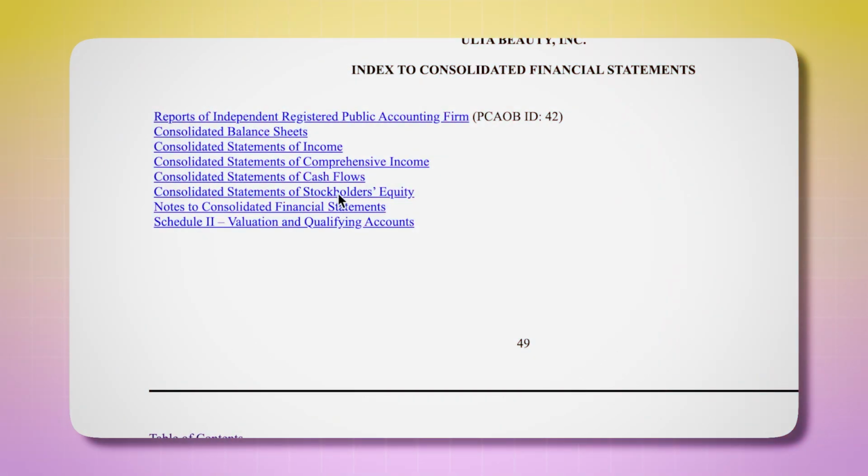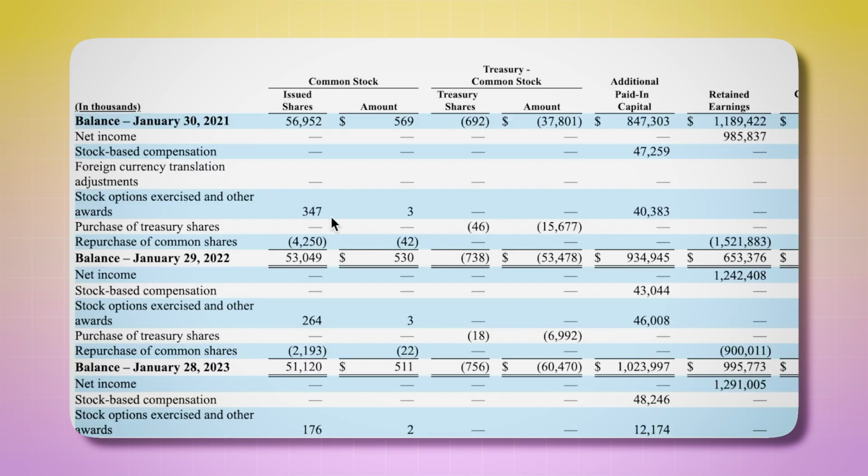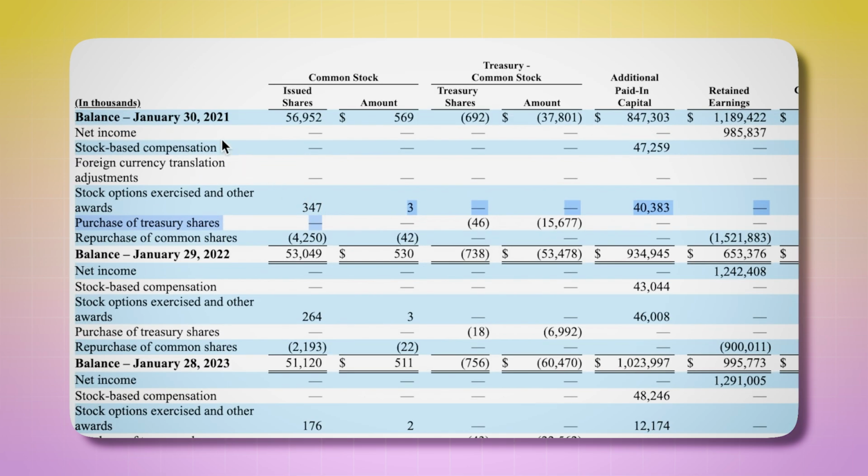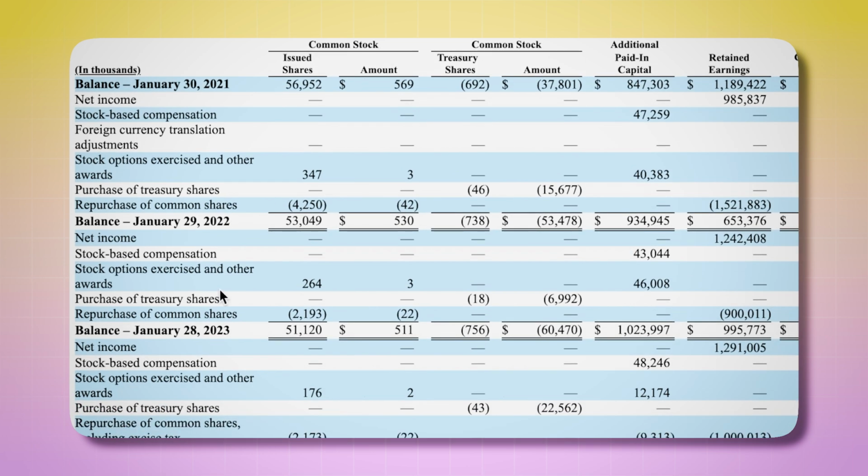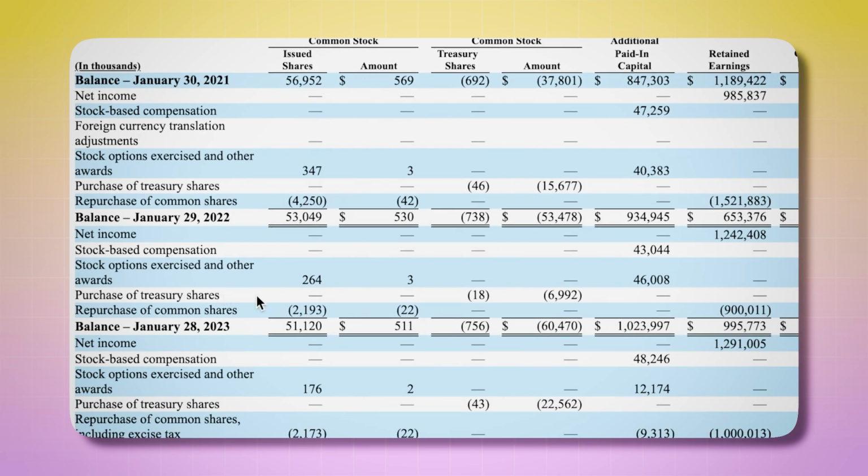Section 4, changes in retained earnings. So to better understand retained earnings, I'm going to show you Ulta's activity. As you know, this company has been in business for some time. In this specific example, we're going back to 2020 and working our way up to 2023. Now, I don't want to completely bore you, so I'm going to keep this really easy and we're just going to march through one year. So let's look at the bottom at the ending balance of January 29th, 2022.